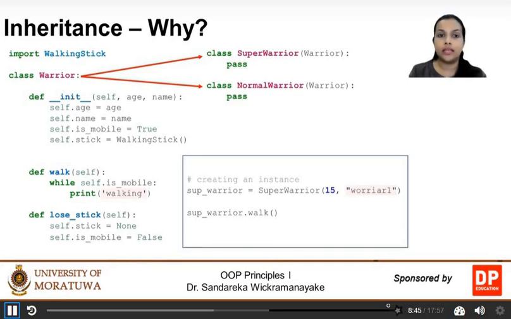As you can see here, we have moved code common to super and normal warriors into the superclass warrior. Now our super warrior and normal warrior classes, which are called subclasses of the warrior class, inherit the attributes and methods defined in the superclass warrior. This is achieved by passing the superclass name as a parameter to the subclass declaration.